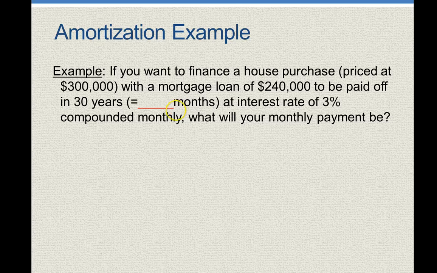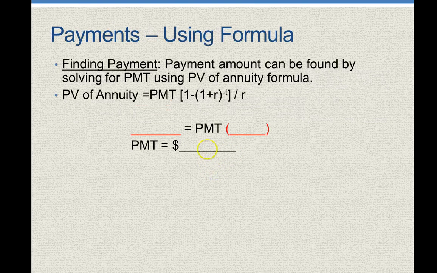Those are examples of a non-annually compounded case. The second feature is that, for the amortized loan, we are solving for the constant payment rather than the present value of the annuity. But it's based on the same formula, the present value of the annuity.